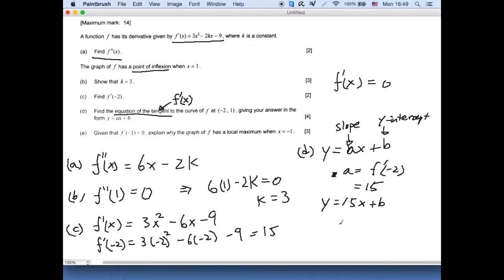As the curve passes through negative 2 and 1, which is the condition given here, we can apply this, and we know that b is nothing but 31, so we can rewrite the equation as y equals 15x plus 31.